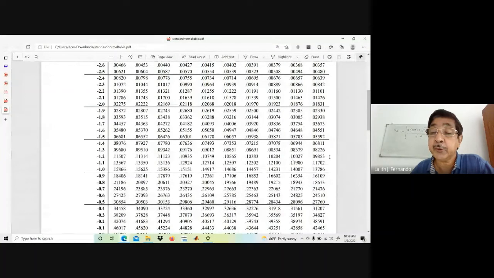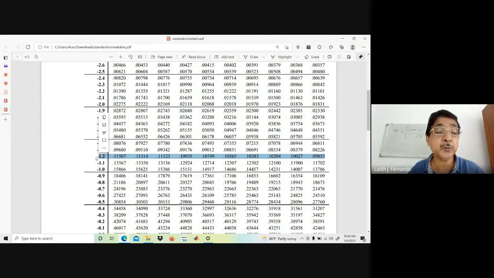If you take the line here, this is the line. Then you start with minus 1.2, then you have to be here. It is minus 1.28 then.